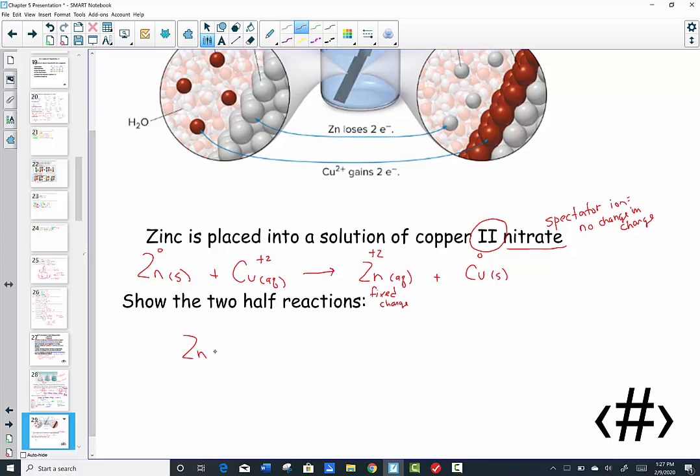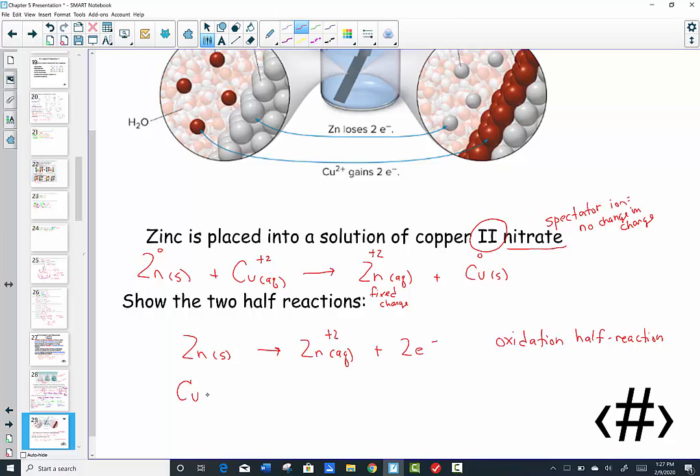When zinc started as a solid and went to an aqueous ion that carried a charge of +2, it did so by losing 2 electrons. This is the oxidation half reaction, the loss of electrons.